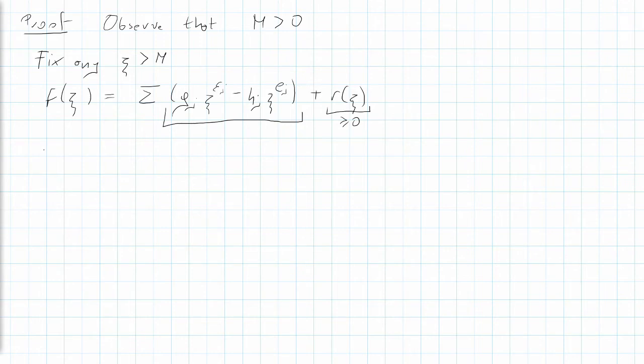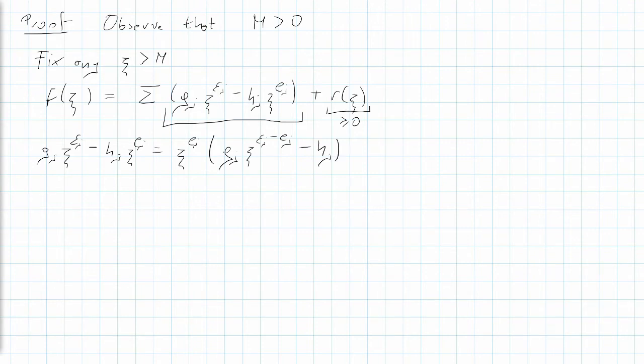So our expression gj xi to the εj power minus hj xi to the ej power can be written in the following way. This is xi to the ej power times gj times xi to the εj minus ej, minus hj.